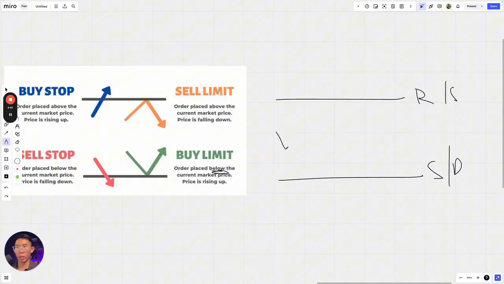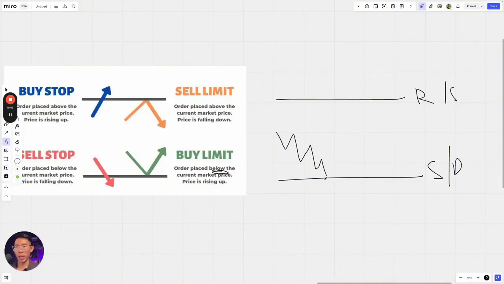Price is just crashing down and coming to this area. And you are predicting that price is going to pierce past this demand zone, that it's not going to respect this area and will just crash past it. In that case, what you want to do is place a sell stop, which is an order placed below the current market price.